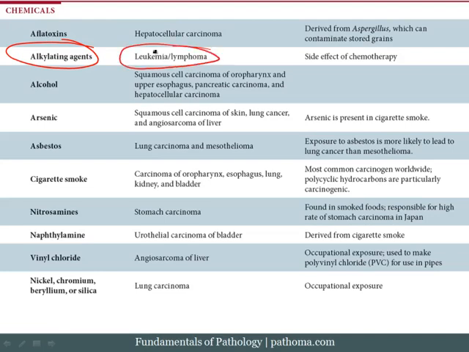Now, I don't think this is going to be too hard for you to remember, because if you go back to pharmacology, you're well aware of the fact that when we treat patients who have cancer with an alkylating agent, one of the complications of those chemotherapeutic agents is that there's an increased risk for the development of leukemia and lymphoma years down the line, so that they can get secondary leukemias and lymphomas, 5 or 10 years down the line. So it is a side effect, a long-term side effect of chemotherapy. So that's sort of a pharmacology tie-in.